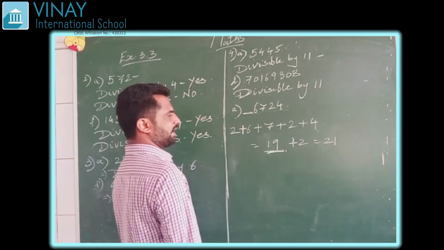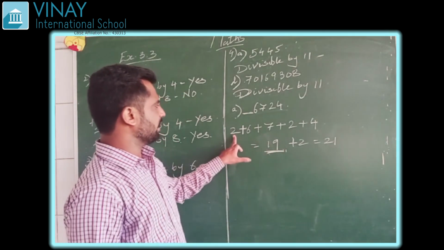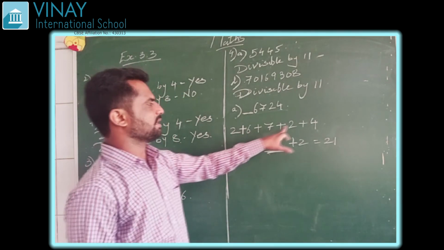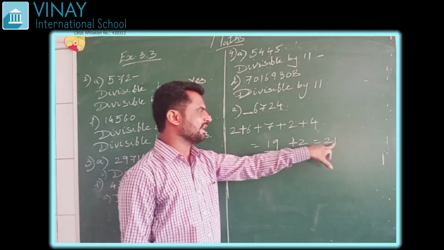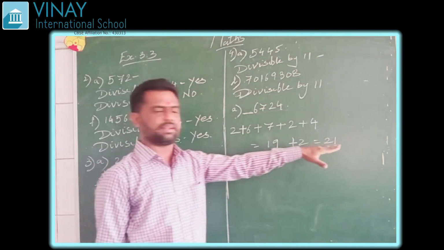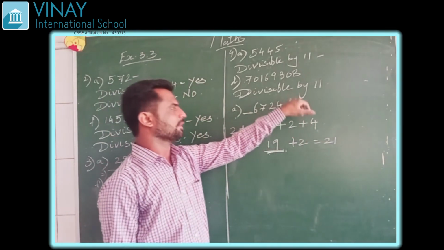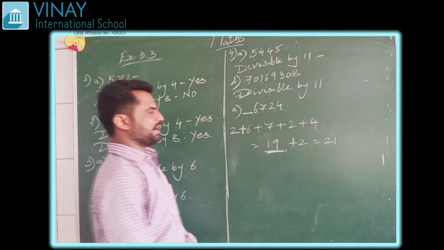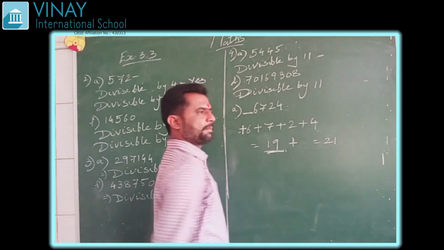So the smallest number is 2. If we put 2 here, then it will be 2 plus 6 plus 7 plus 2 plus 4, and the sum will be 21, and so it will be divisible by 3. Now we also need to find out which is the greatest number we can put here.